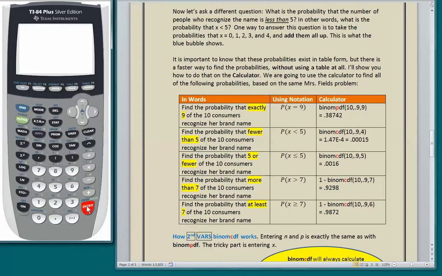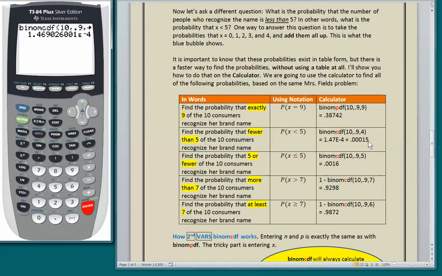We're going to hit enter. And there you go. 1.469 e to the negative 4. That means we move the decimal point over 4 places to the left, which is going to give us 3 zeros, then a 1, and then this 4, 6 rounds to a 5. So that's what we have here.